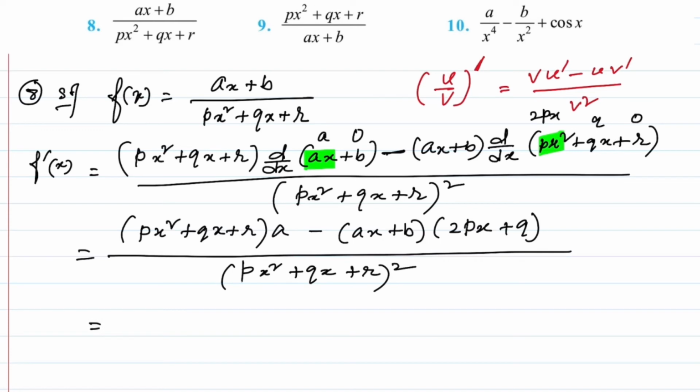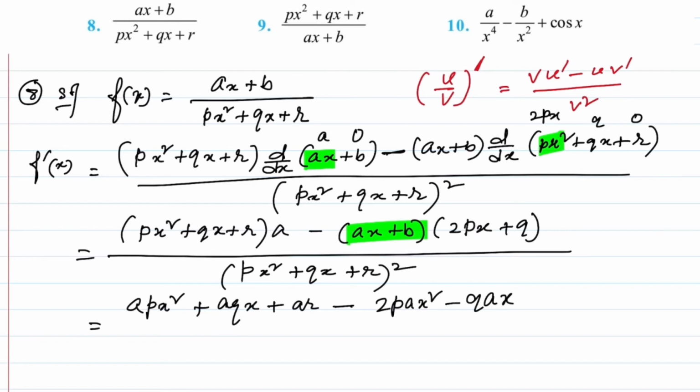So now let's simplify the numerator part. Here we will get apx square plus aqx plus ar minus, then we will get 2p ax square, then minus qax, just simple multiplication.